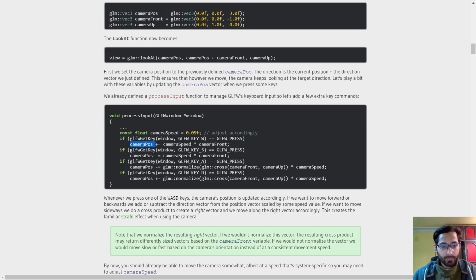Okay, so to the camera position vector we are actually going to add the vector of camera front, but we are multiplying it by a scalar value which will scale it down, and that's how much it will move each frame.